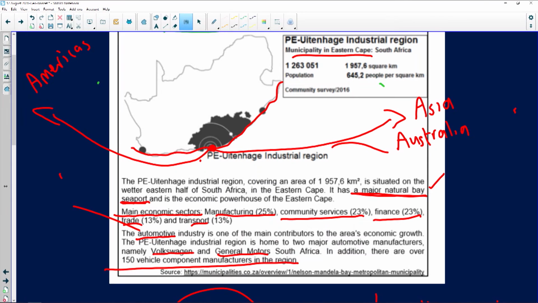Now, another reason I'm going to add over here, if you look at South Africa, unfortunately, we are a dry country. And I can draw a line roughly here. Okay, these areas receive more rain than the western parts. Okay, so when we talk about resources, even though where they are situated, there are natural resources.